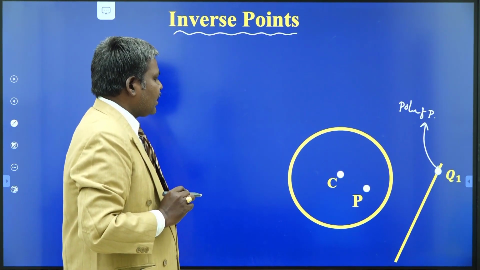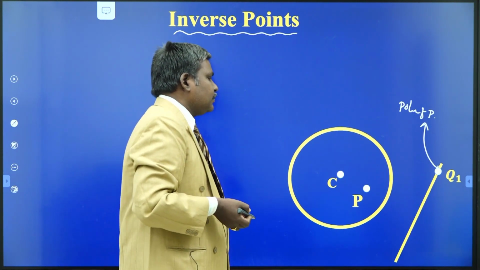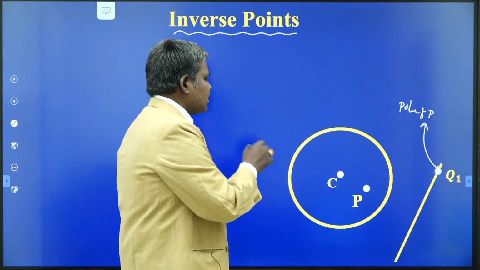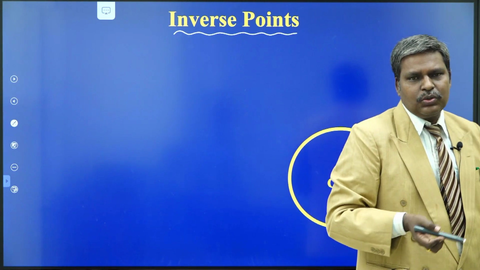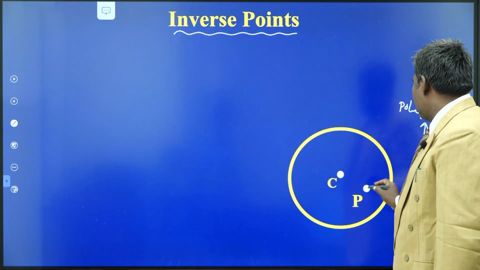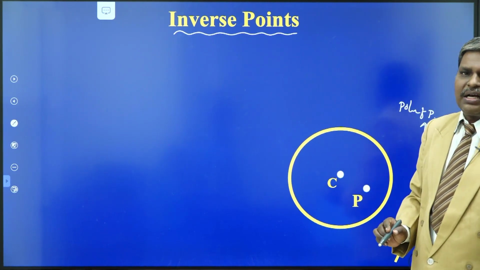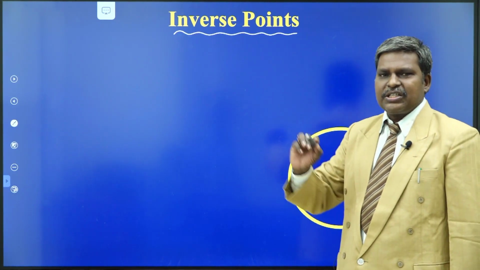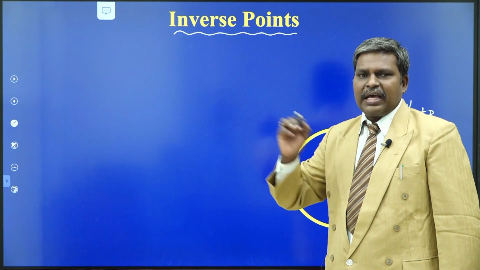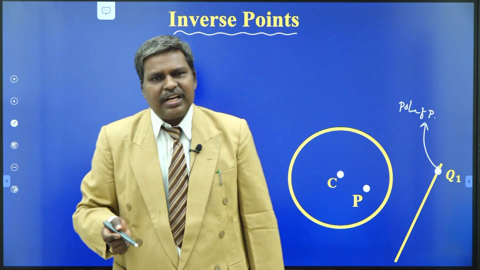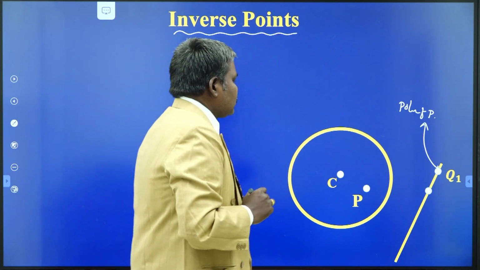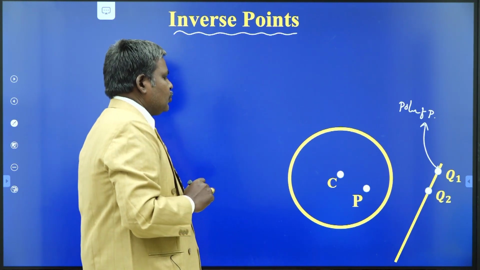Now, you can consider so many points on that line. Is every point conjugate to P or not? If the polar of P passes through some point Q1, we say that the two points are conjugate. If the polar of P passes through Q1, then P, Q1 are conjugate to each other by the definition of conjugate points. Listen carefully. This is another point, Q2.